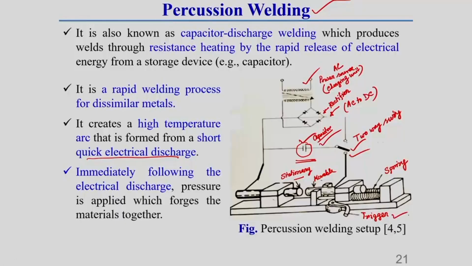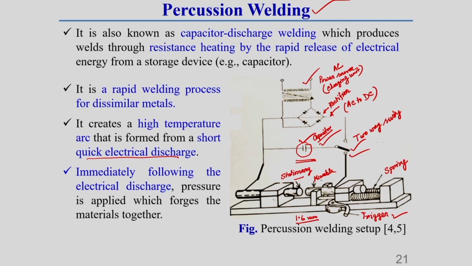Okay. Once we apply pressure on the trigger, that means once we trigger the movable workpiece, it moves toward the stationary workpiece. Once the distance between these two workpieces is around 1.5 to 1.6 millimeter, at that time a high intensity arc is generated in this region.